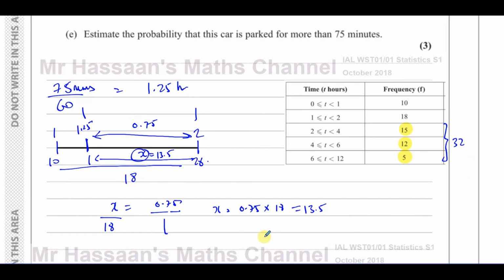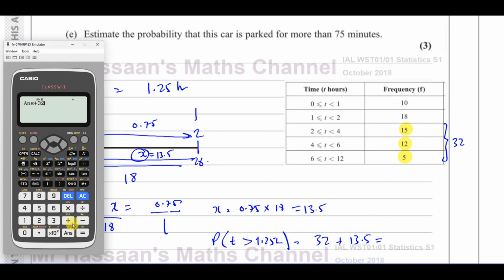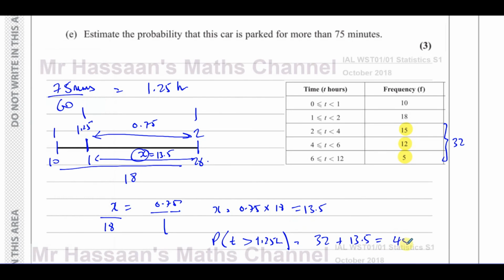So we take 32. The probability that the time parked is greater than 1.25 hours is going to be 32 plus 13.5, which is 45.5. Okay, that's not the probability.